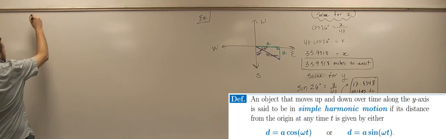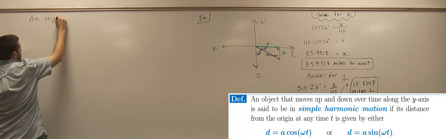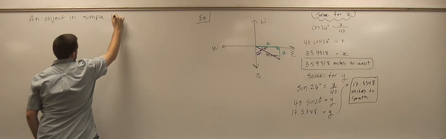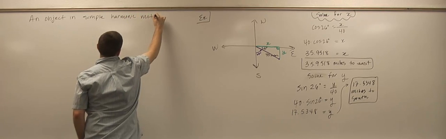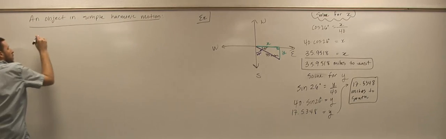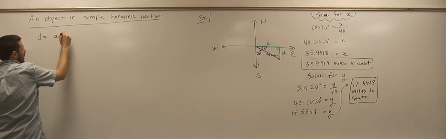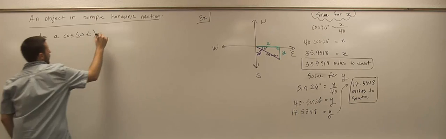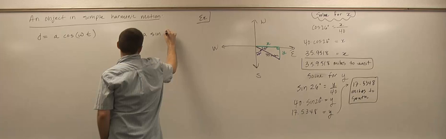So an object in simple harmonic motion is going to follow one of the formulas d equals a cos omega t, or d equals a sine omega t.